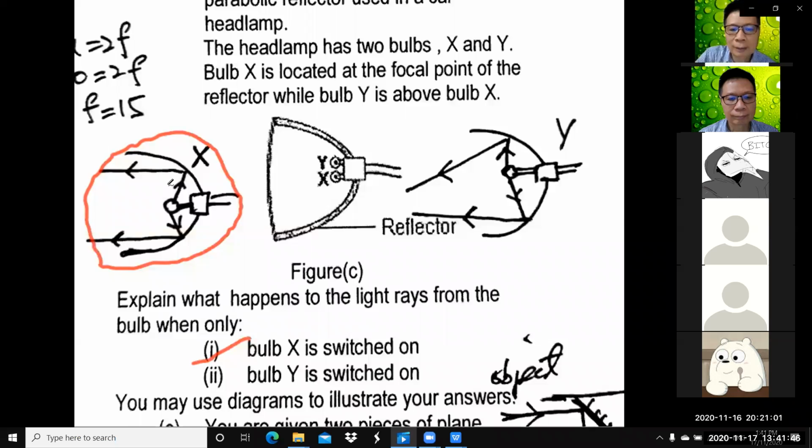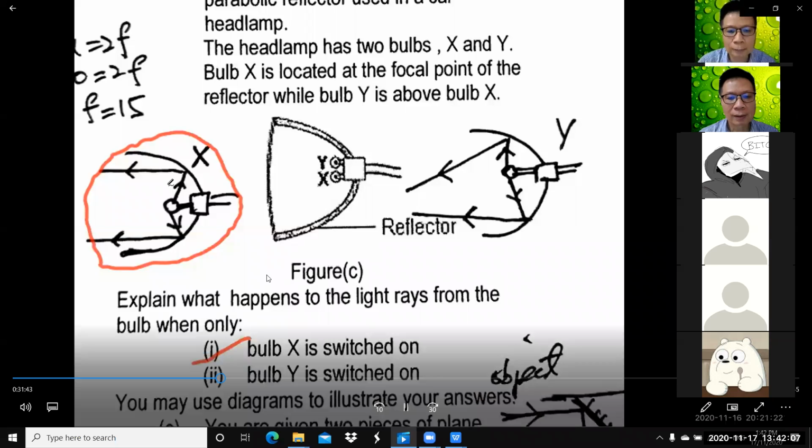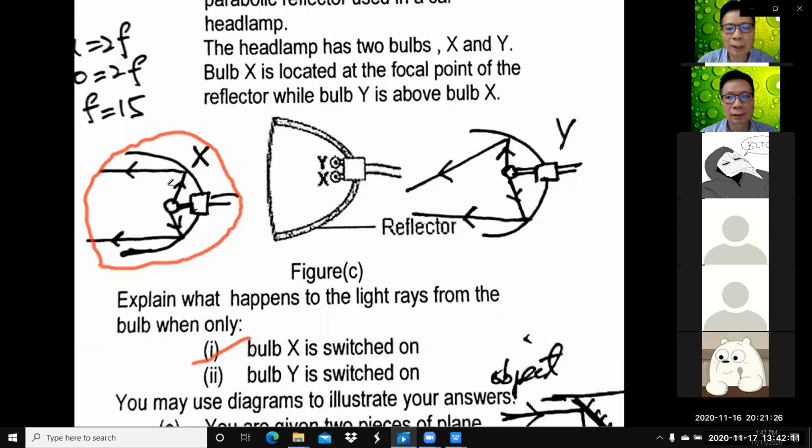When bulb X is switched on, the light is reflected by the reflector horizontally. Light travels longer distance.